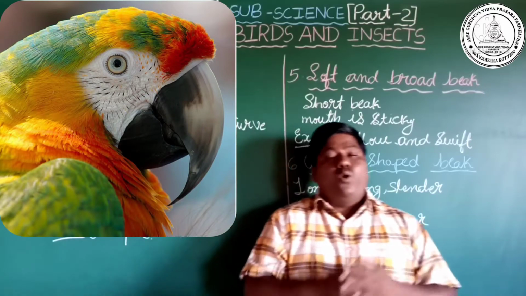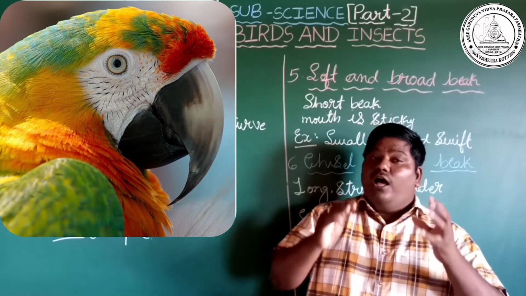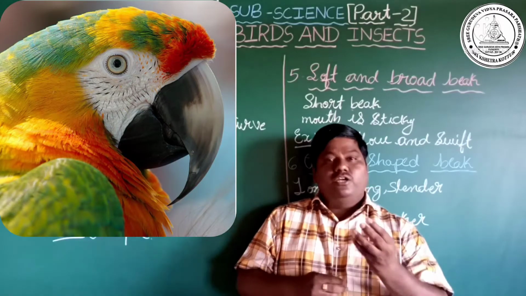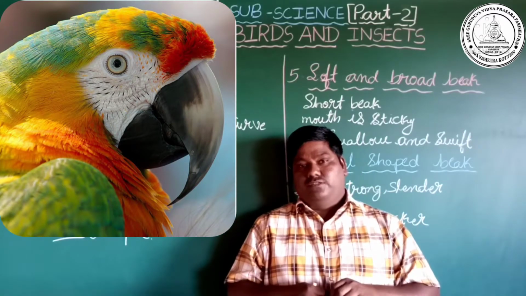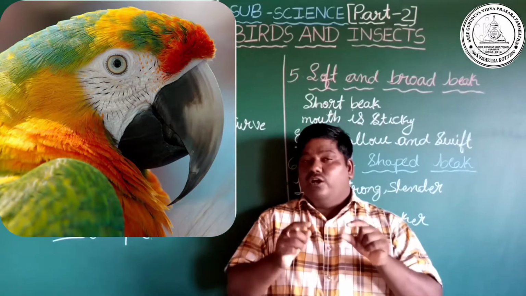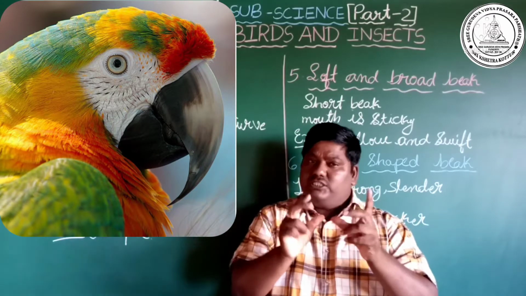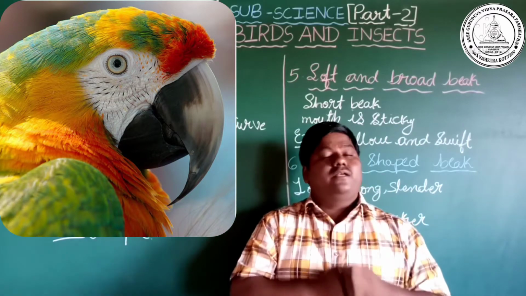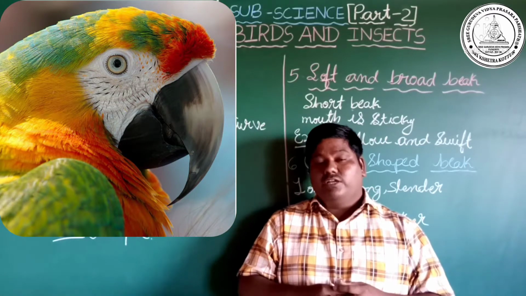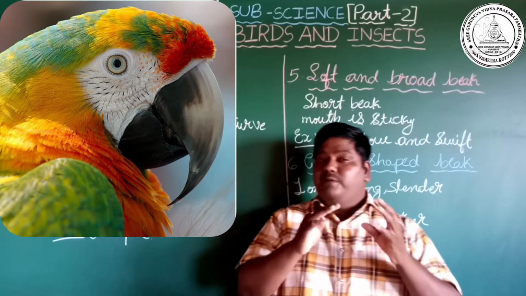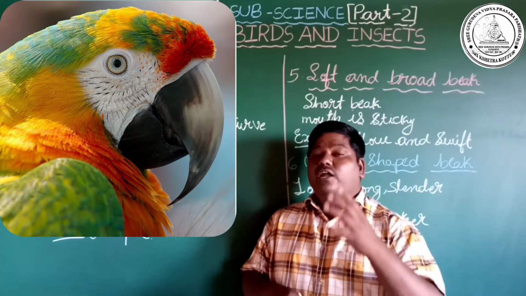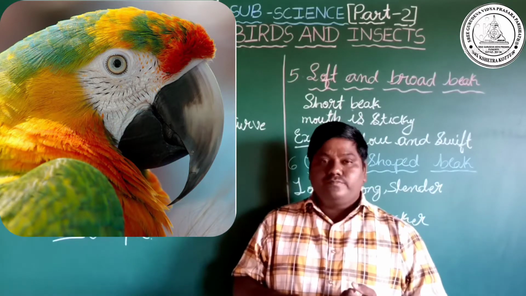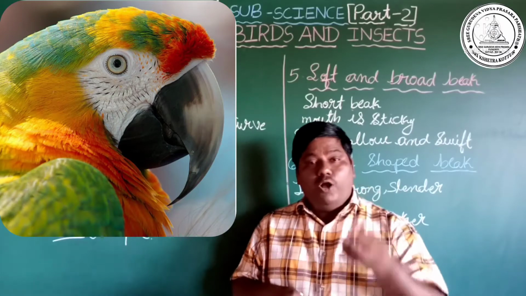Now tell me, what is the use of the curved beak to the parrot? Already you saw in the field, when they are eating, they crush the grains or break the nuts. The curved beak helps the parrots eat different types of fruits, for example mango, apple, guava.